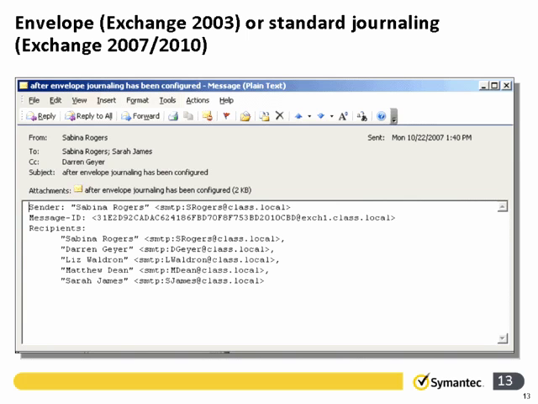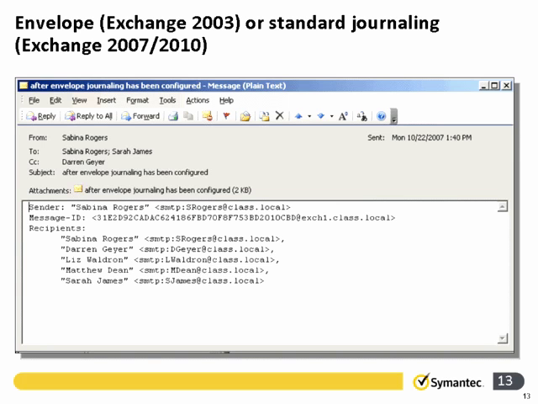Now, moving on to a look at what would happen if we had envelope journaling turned on, or what's called standard journaling in an Exchange 2007 or 2010 environment. This is showing you what a journal message looks like. You can see in this particular example, we have the from and to fields. We also have the carbon copy fields displayed. It does display the subject of the original message. And what it does is it takes the original message itself and turns it into an attachment to the journal message.